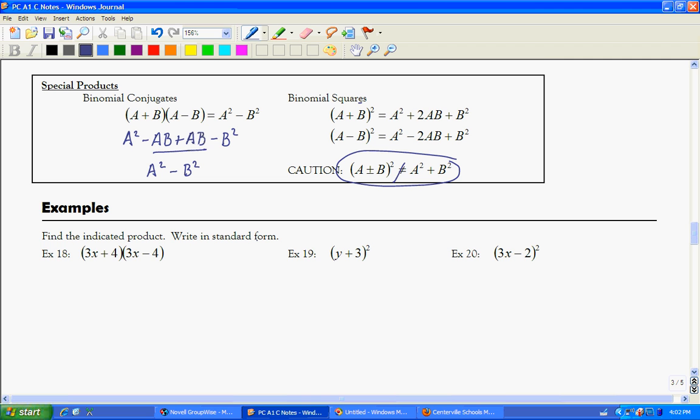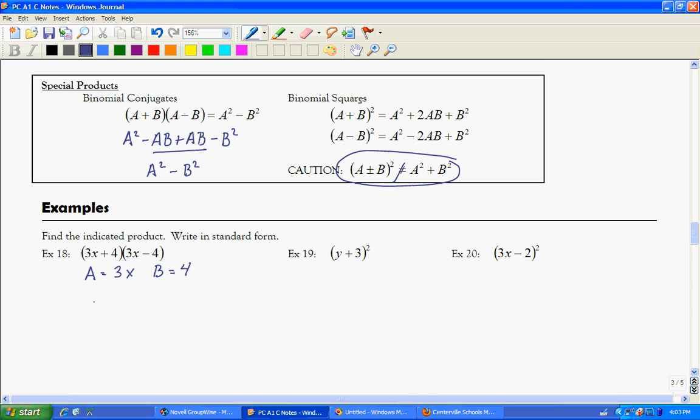So if we take a look at some examples, example 18, you'll notice that this is one of those special types. It's 3x plus 4 times 3x minus 4. This is our binomial conjugate. So we know our shortcut is just a squared minus b squared. Well, if we look at this, a is equal to 3x and b is equal to 4.